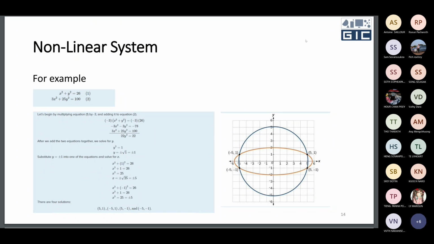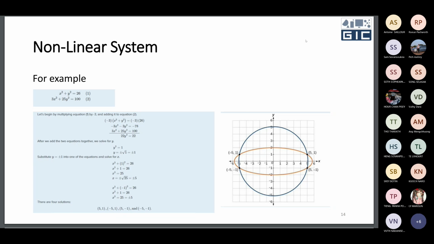And for the second equation, because the coefficient is not 1, it is not a circle, it is an ellipse. So you can see you have 4-point intersection. So this is the fifth case, where you have 4 intersection points of the equations, and your solution can be 4 different solutions. So this is the way that you can calculate your system.